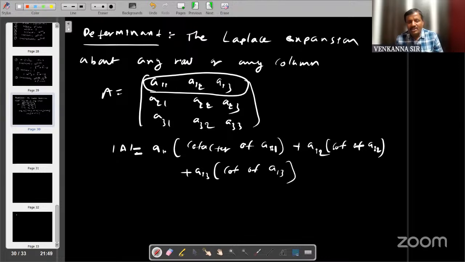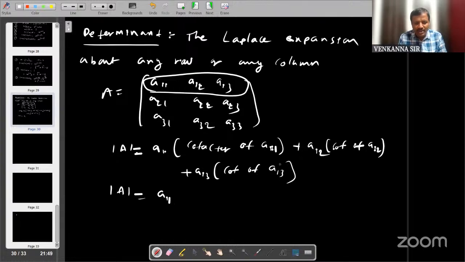Is there any mistake in this formula? Anybody identifying any mistake? No one is responding. Okay, this formula is correct only. Maybe some of you are thinking that a negative is required.